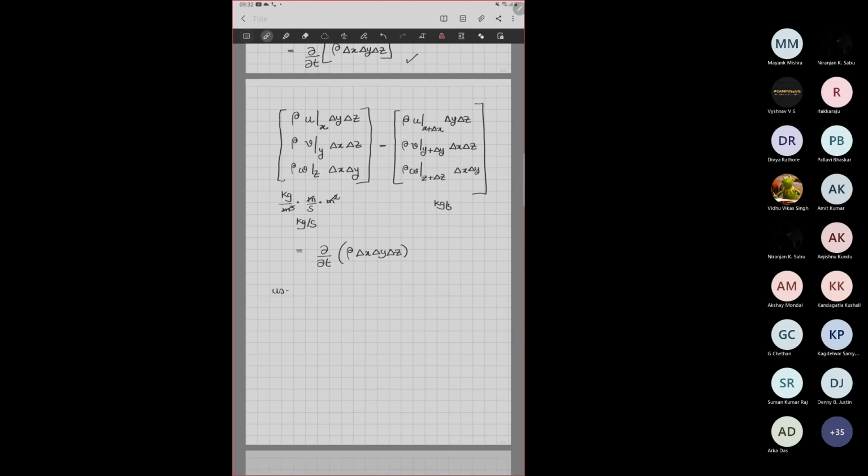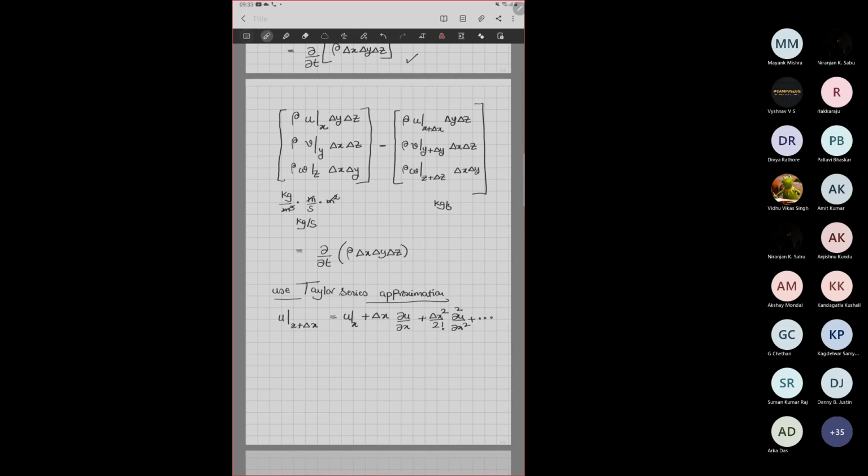Now use Taylor series expansion. So u estimated at x plus delta x location is u estimated at x location plus delta x multiplied by del u by del x, plus delta x square by 2 factorial multiplied by del square u by del x square, and so on.